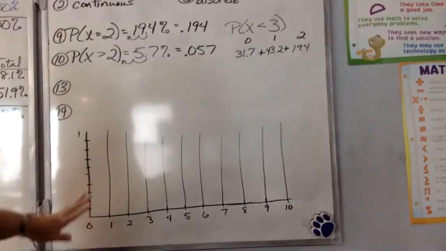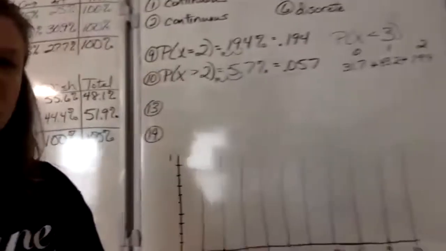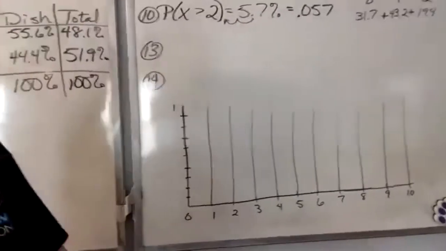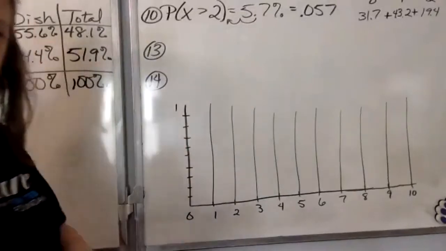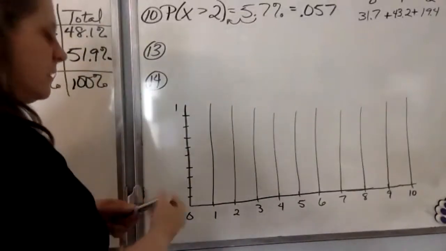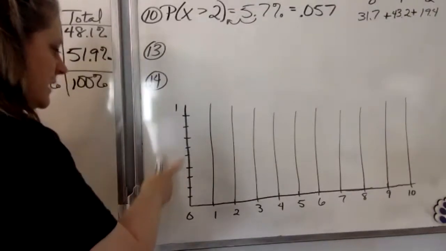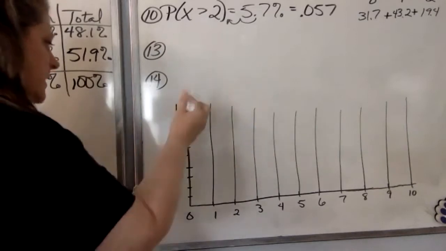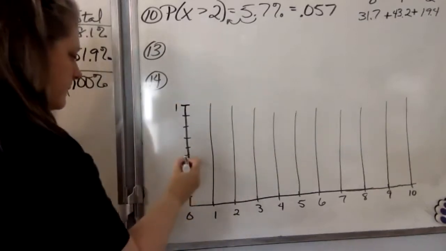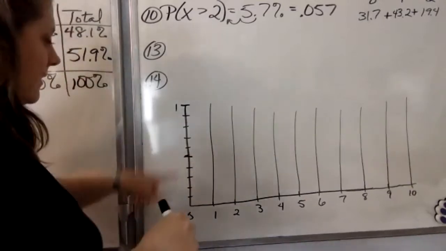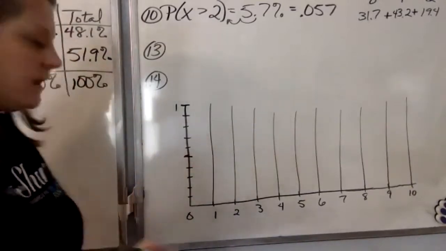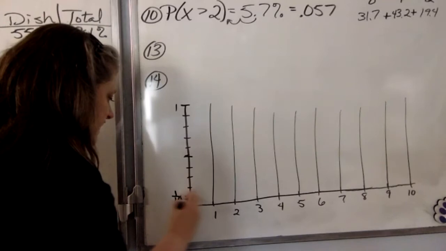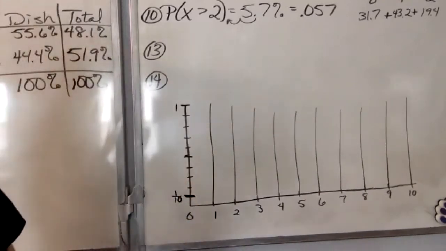On the left-hand side of your graph, it goes from 0 to 1. So this is 1/10, 2/10, 3/10, 4/10, 5/10, which is half, 6/10, 7/10, 8/10, 9/10, and then 1 is up here at the top. I just drew on my little line. Because it's a 1 out of 10 chance, my first one down here is my 1/10.